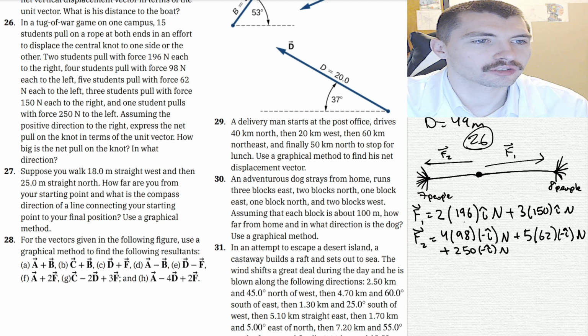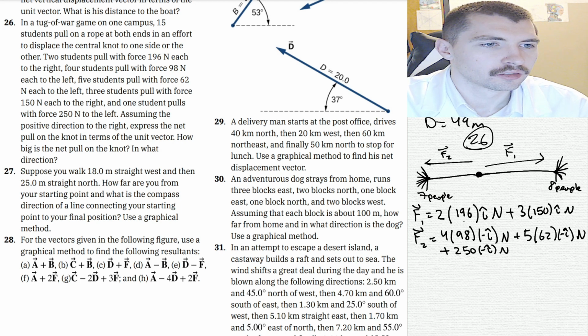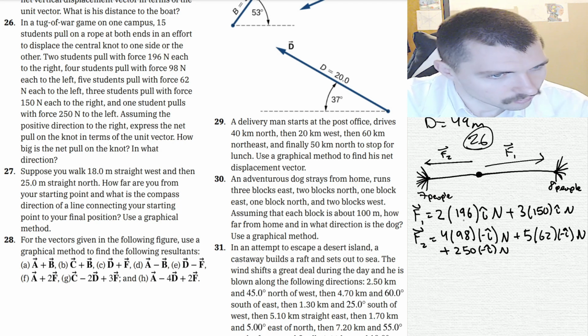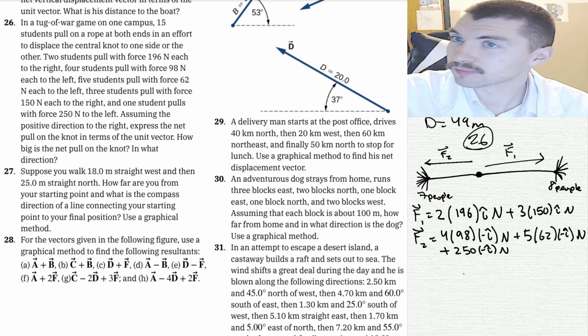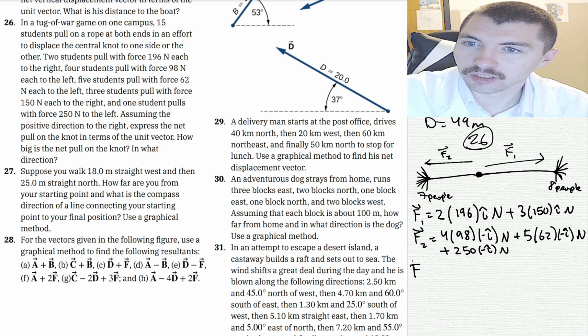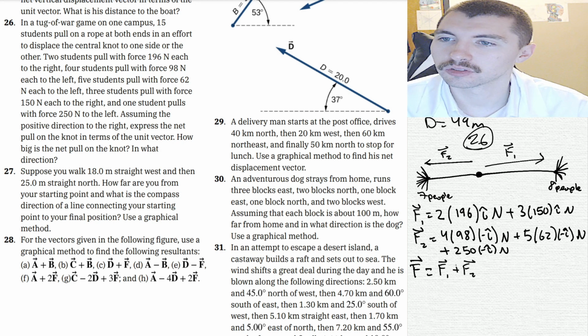Assuming the positive direction is to the right, net pull. All right, how big is the net pull on the knot? Okay, so the net pull is going to be the sum of this.